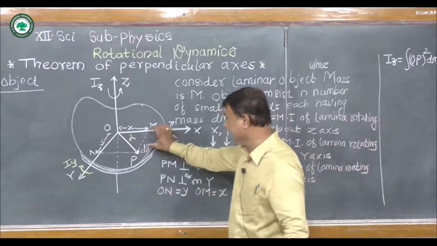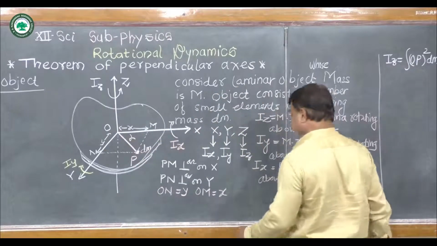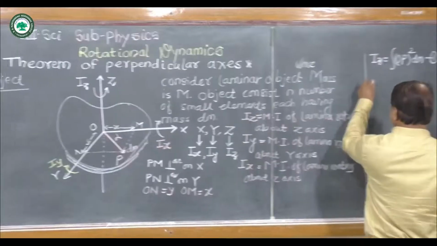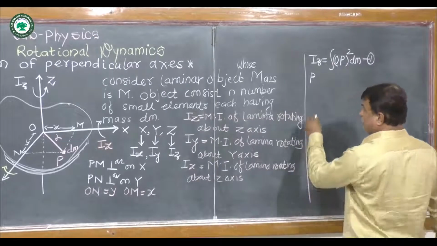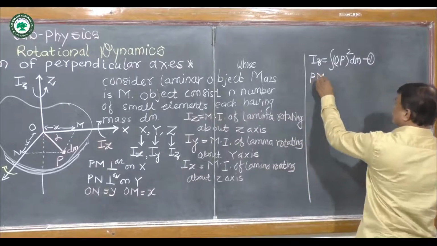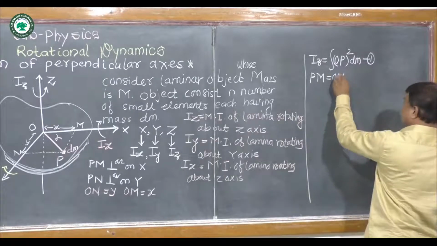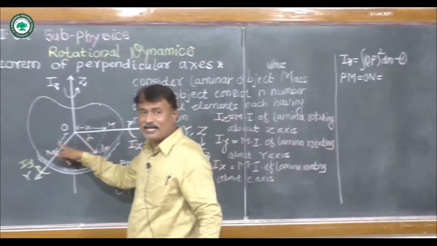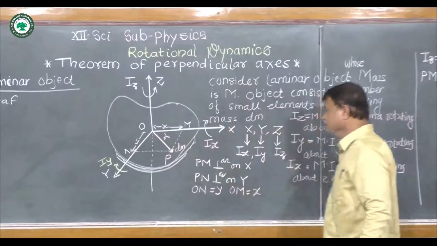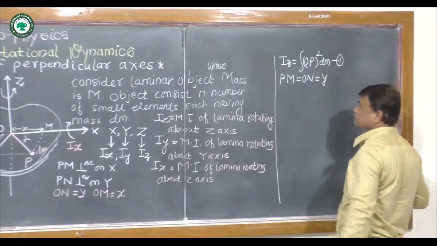Now this Pm is equal to ON. But we know that the distance ON is given by y. So we write Pm equal to ON equal to small y.